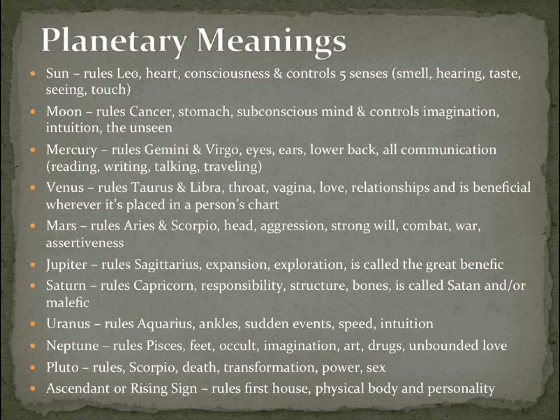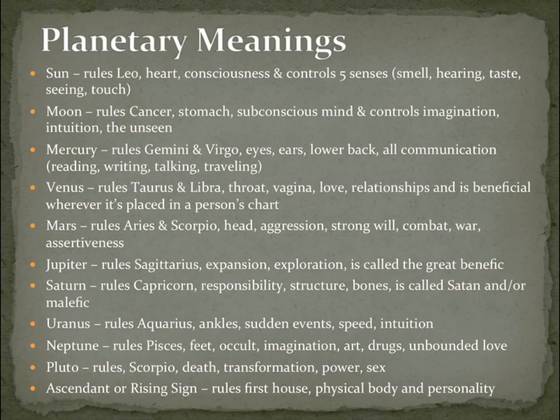Before I conclude this lesson on planetary meanings, I have to talk about one more important factor that isn't a planet, but is just as important as the sun and the moon. This factor is called the rising sign or ascendant, and it's a zodiac sign. I mentioned it in the last lesson, but I feel compelled to mention it here as well.